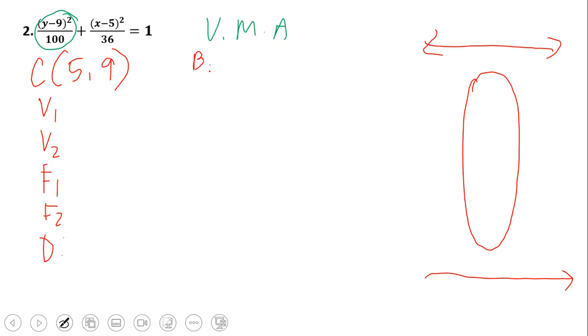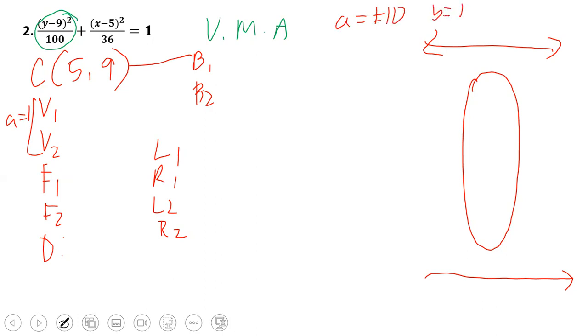Tapos co-vertex 1, co-vertex 2, and you also have latus rectum 1 and latus rectum 2. So remember, you also have from vertex natin, which is a is equal to plus minus 10. b is equal to plus minus 6. And c natin is already plus minus 8.